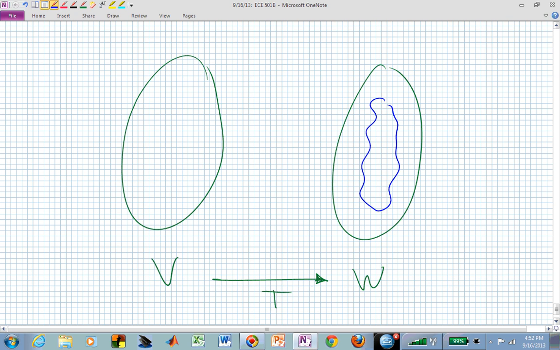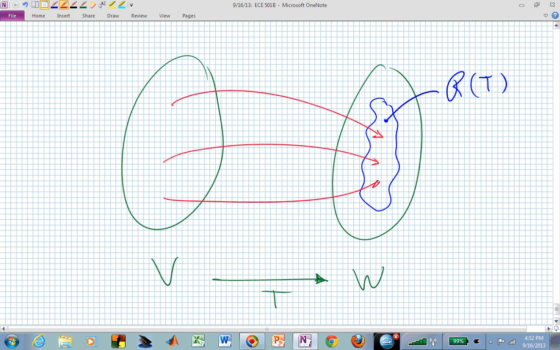That's our range space of T. But that's the only place that points in V are going to map to.